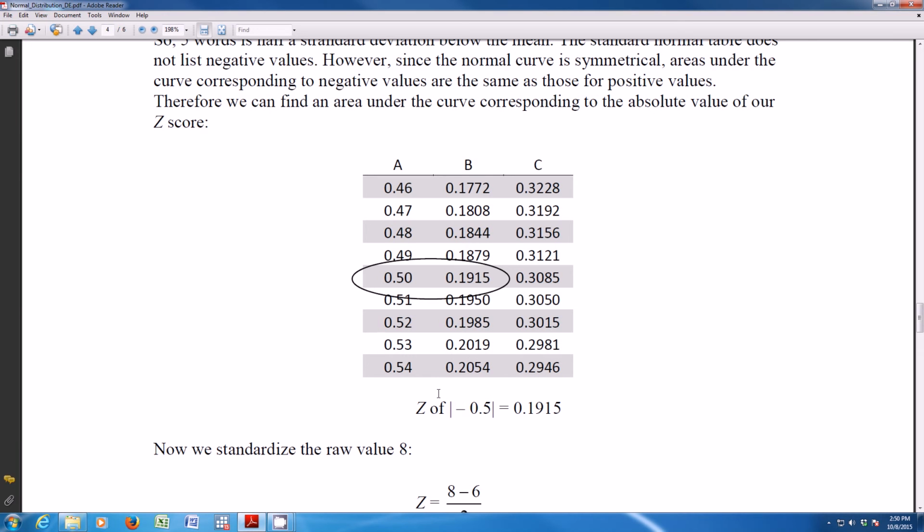So if we take the absolute value of -0.5, that gives us positive 0.5. And so because it's symmetrical, we can use the positive equivalent of the z-score to get the correct answer. And so if we look up positive 0.5 in the table, the area between the mean and the z-score for that is 0.1915. In other words, about 19% got between 5 and 6 words correct on the vocab test.